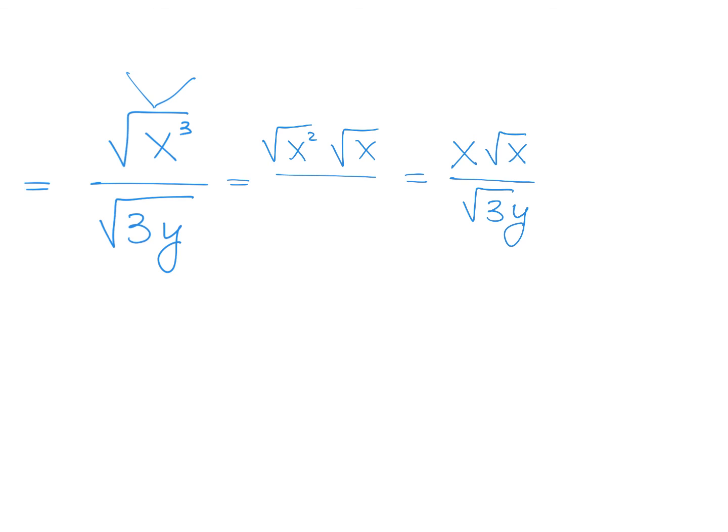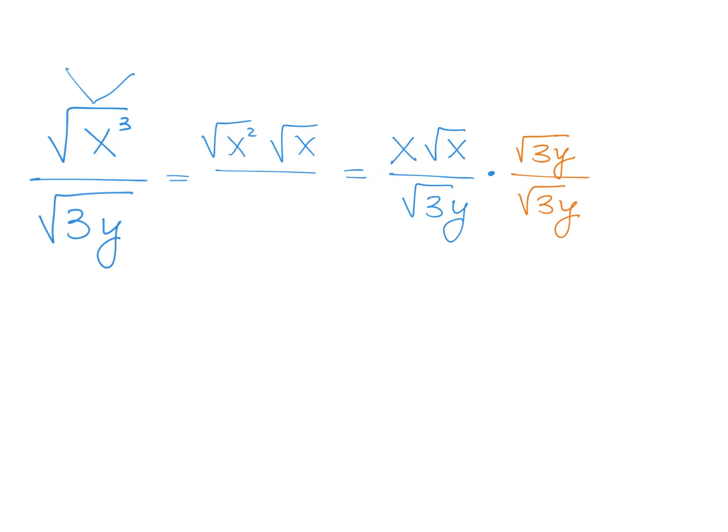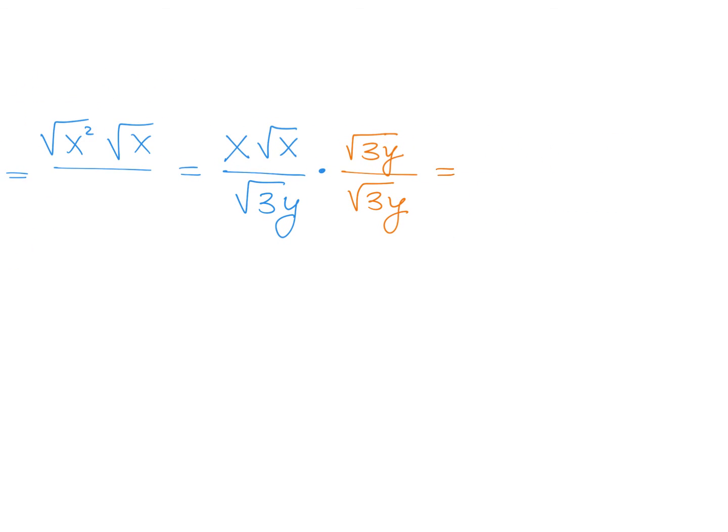What do you do next? Multiply by that denominator over itself, right? So the square root of 3y over the square root of 3y. Okay, that means up top, I have x times the square root of what? 3xy, right?